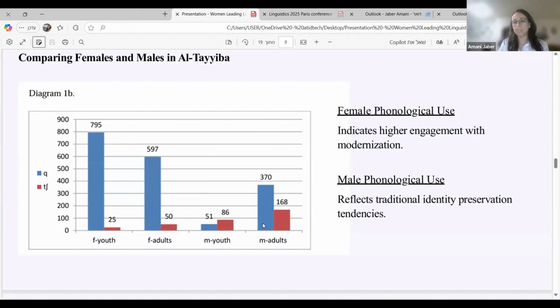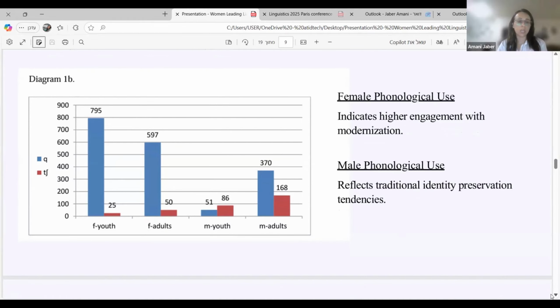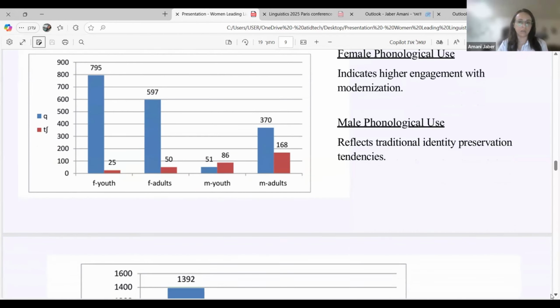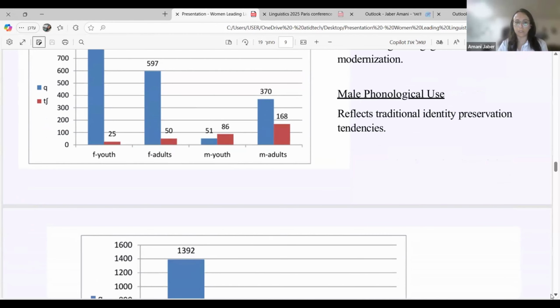The males are more traditional, reflecting the preservation of their society and traditions. They think that if they adopt a new form of speech, they are betraying their traditions. That's why they tend less to adopt new variations of phonological sounds.